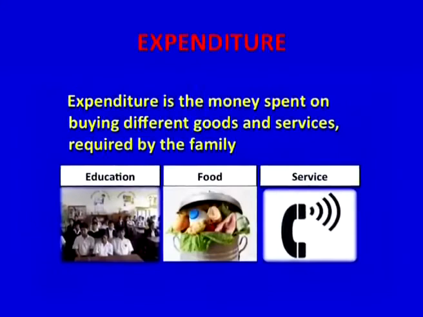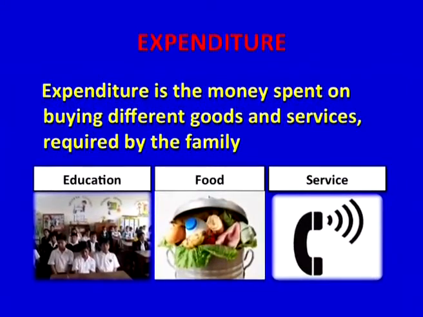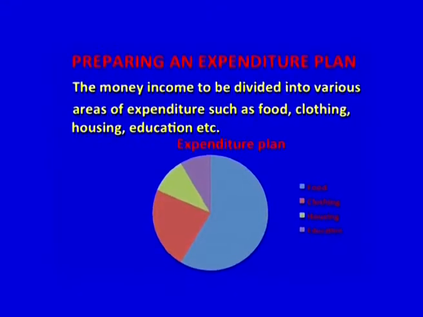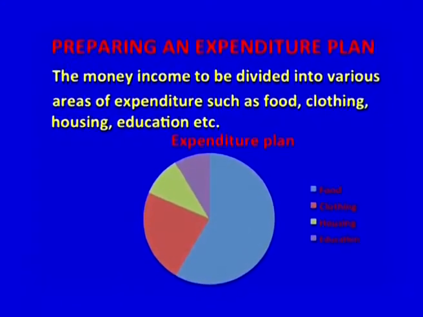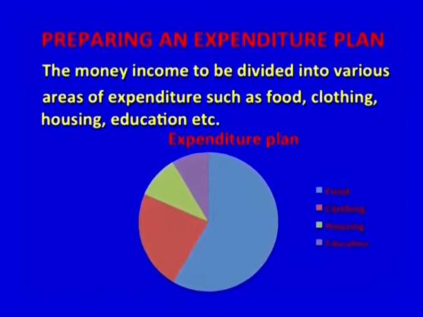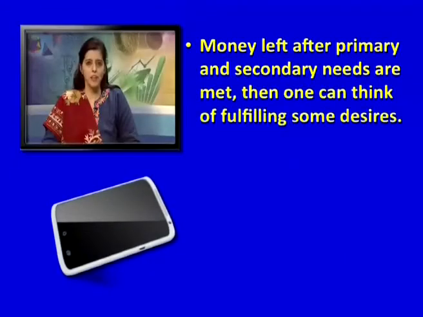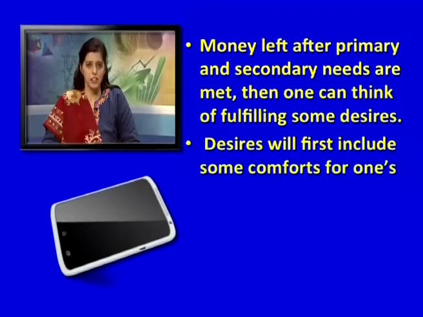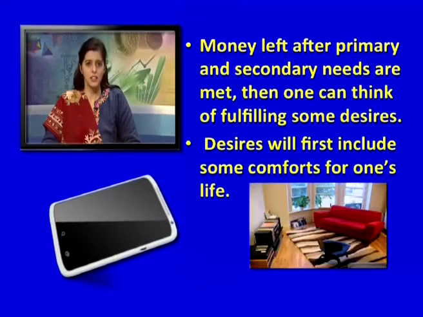Expenditure. Expenditure is the money spent on buying different goods and services required by the family. Preparing an expenditure plan. The money income is to be divided into various areas of expenditure such as food, clothing, housing, education, etc. Money left after primary and secondary needs are met, then one can think of fulfilling some desires.